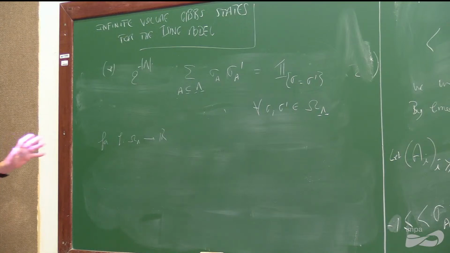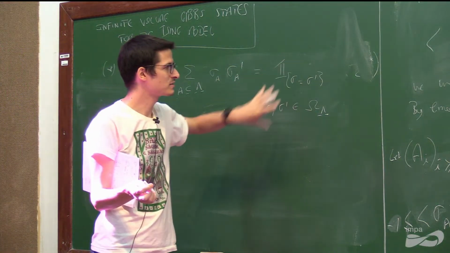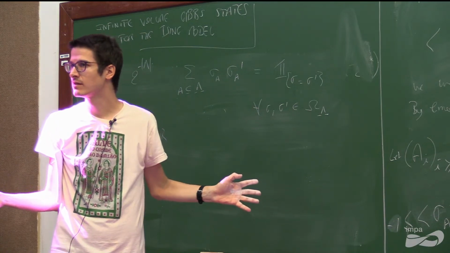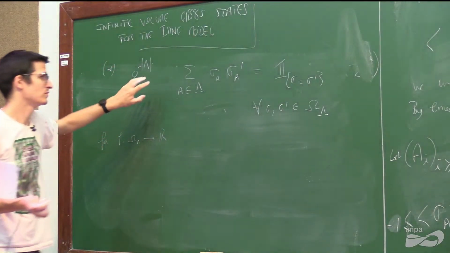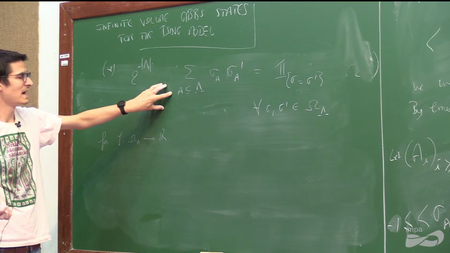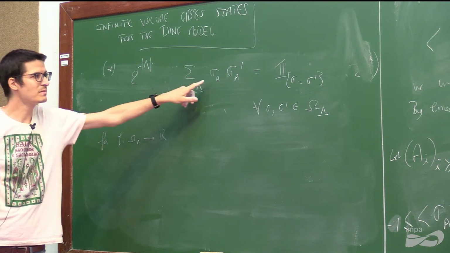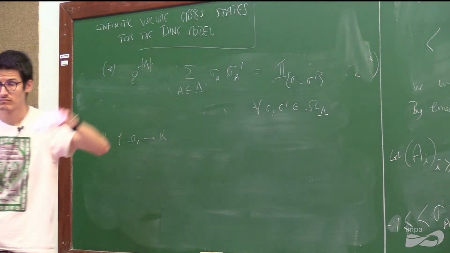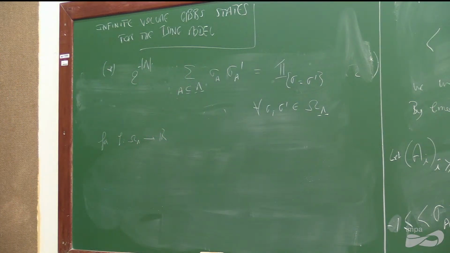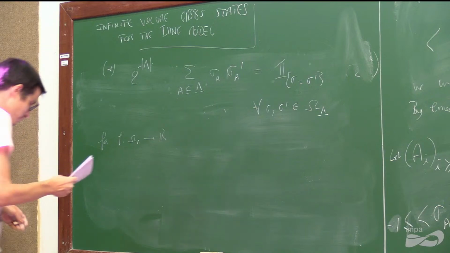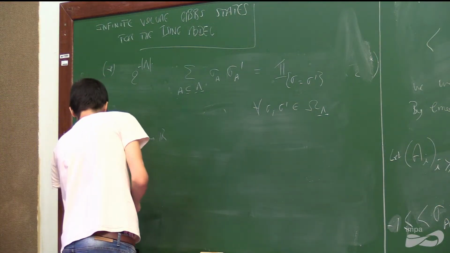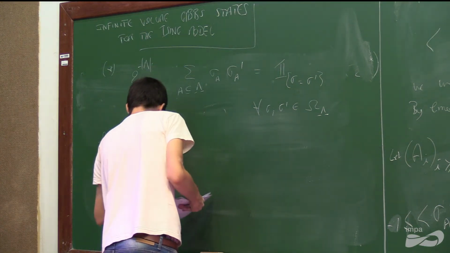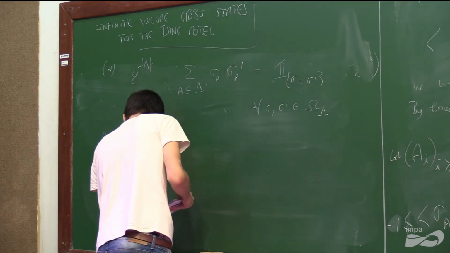If you see it as a vector, it's just the vector that's equal to 1 on sigma prime and 0 on the rest. So what you're proving here is that with the sigma A's, you can generate the canonical basis. Let's do things with more details: f of sigma, well, you can decompose it on the canonical basis.